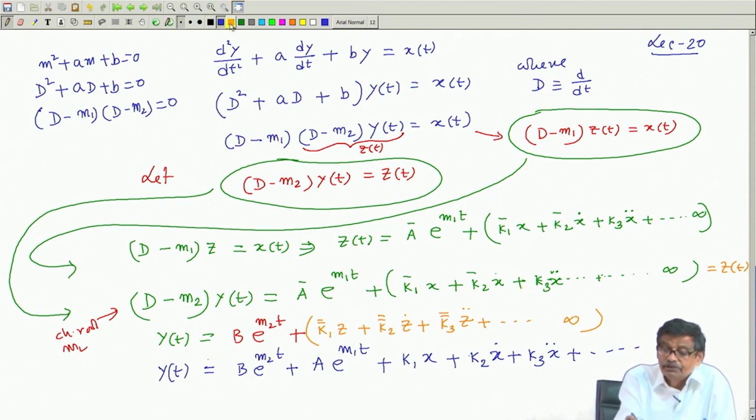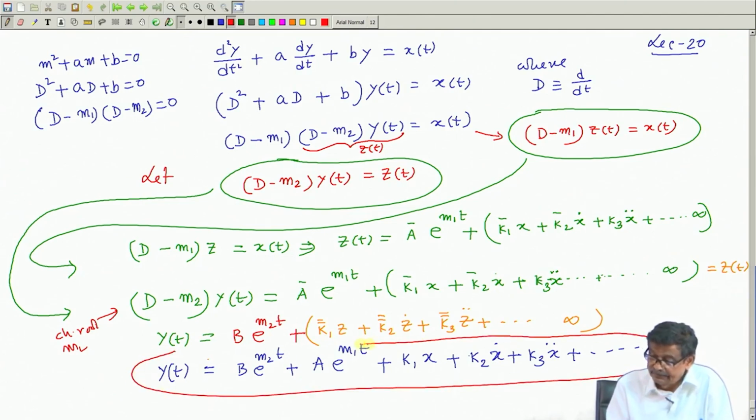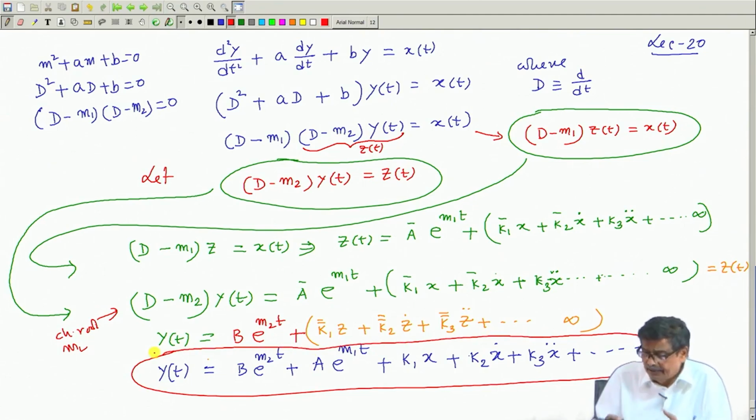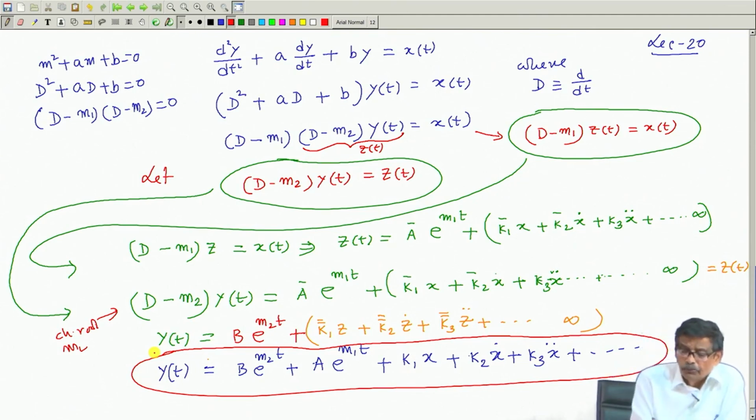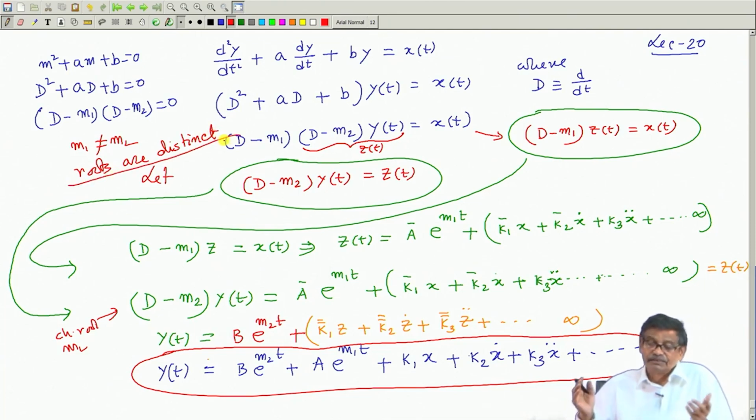So, basic nature of the solution remains same like this. In these derivations, I have assumed one thing, that is m 1 not equal to m 2. Roots are distinct. This is the solution. Got the point?